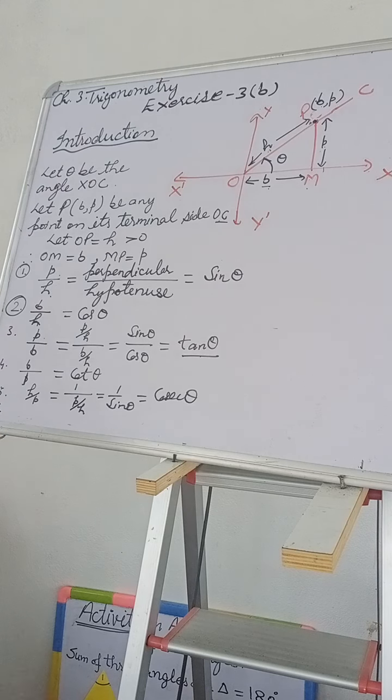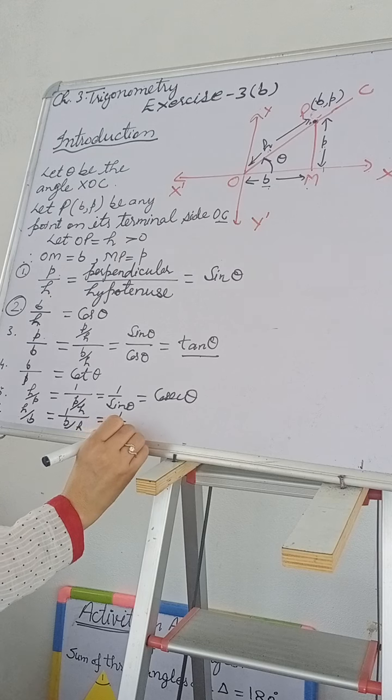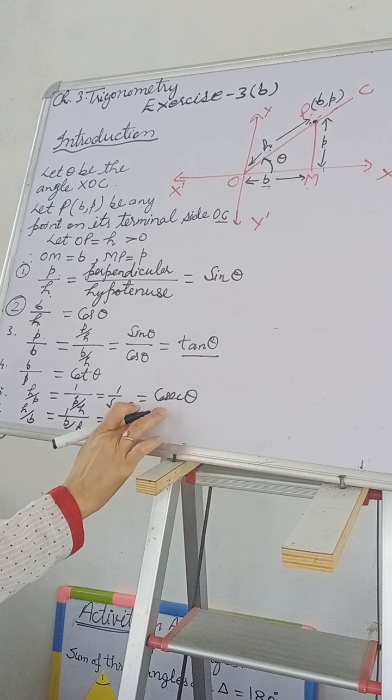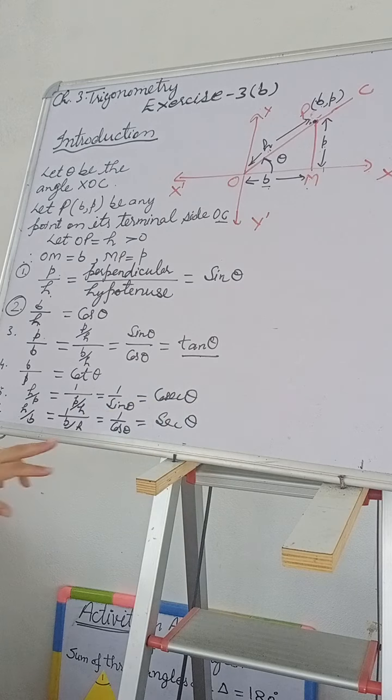Sixth function, the last function, hypotenuse upon base, which can also be written as 1 upon base upon hypotenuse, meaning 1 upon cos theta, which is equal to secant theta, the reciprocal of cos theta. So there are 6 important functions which I have defined here. You should remember all of them.